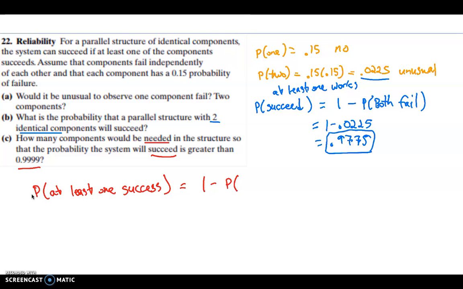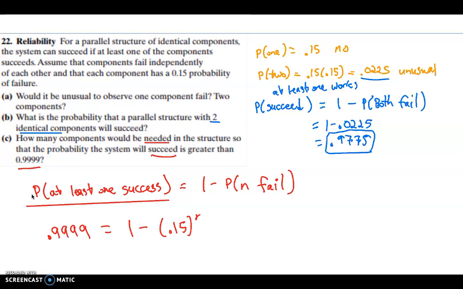We don't know how many, so we'll just say n for the number: the probability that n fail. And n is going to be the number of components we would need so that this structure succeeds with a probability of 0.9999. So we want 0.9999 equals 1 minus the probability that n fail, and they're independent, so that is 0.15 raised to the nth power.